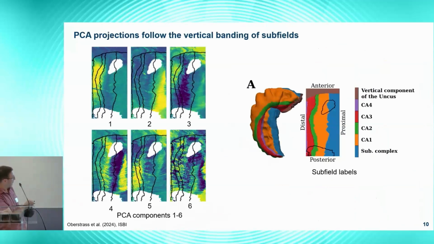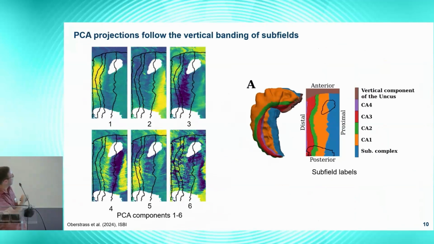And when you then look in the unfolded space, you look at these PCA components here, again the first 6, and then we plot also the subfield delineations that we have from the atlas here. You can see that these components carry a lot of information of the subfields. So there's explicit highlighting of a couple of subfields.